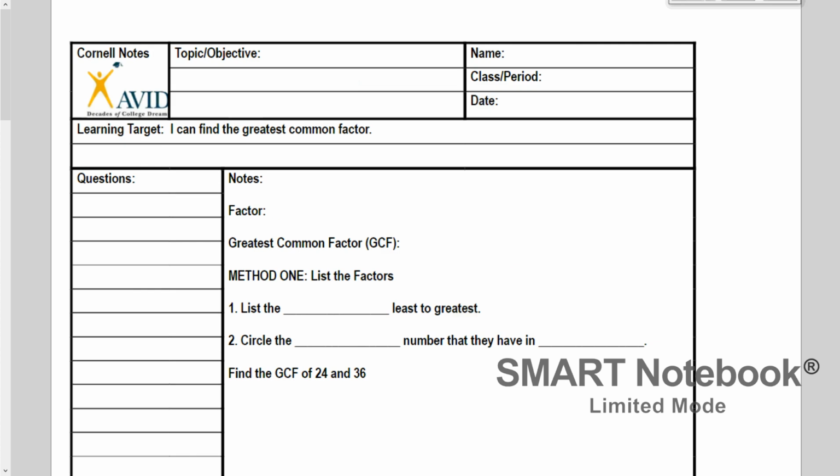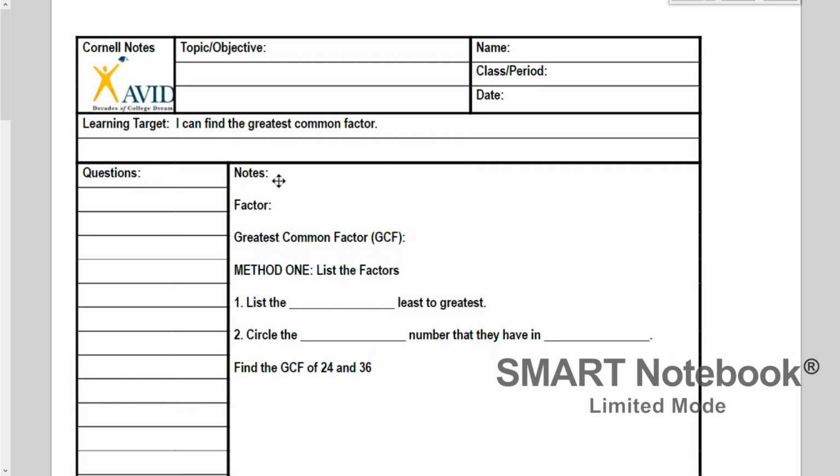Today we're going to learn how to find the greatest common factor when given 2 or 3 or 4 numbers. All right, so let's review what a factor is. Remember, factors are the numbers that multiply together to get that number as an answer.